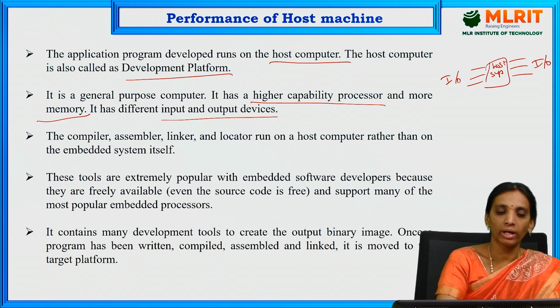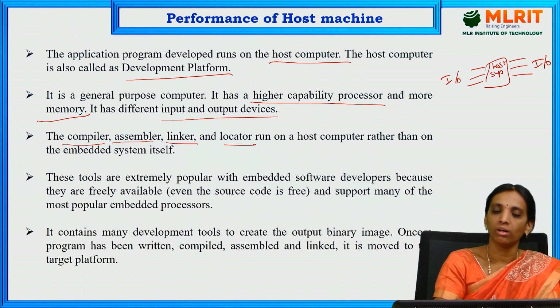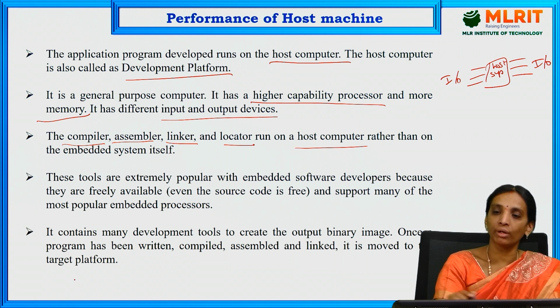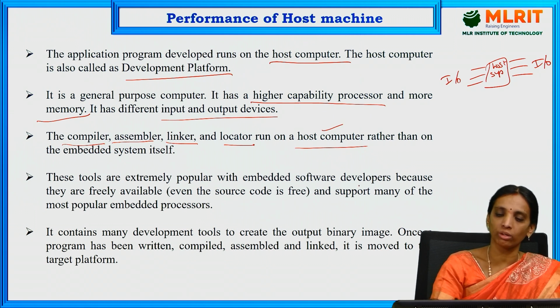Here we have to use the compiler, assembler, linker and locator for testing our application on the host computer. These tools are extremely popular with embedded software developers because they are freely available.